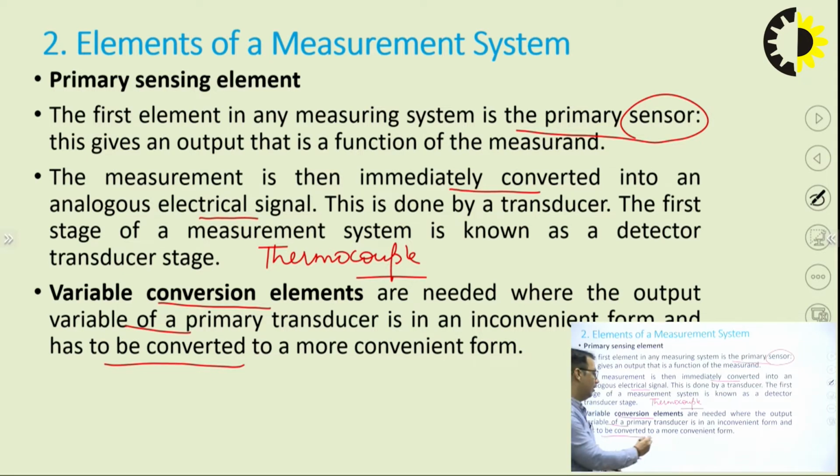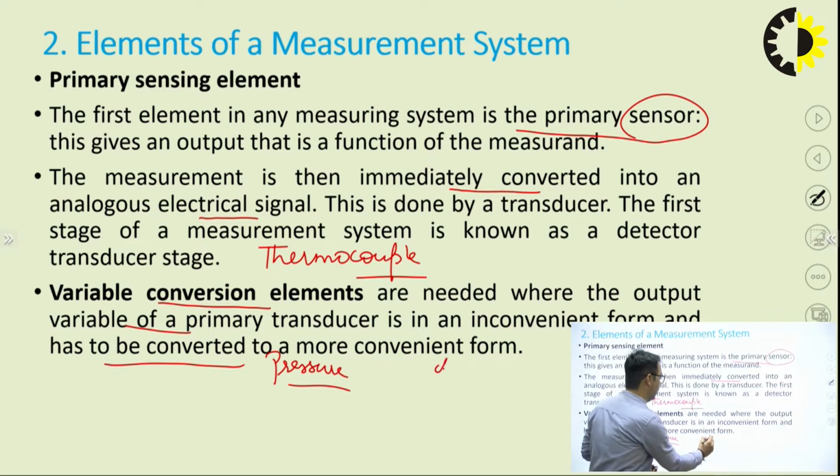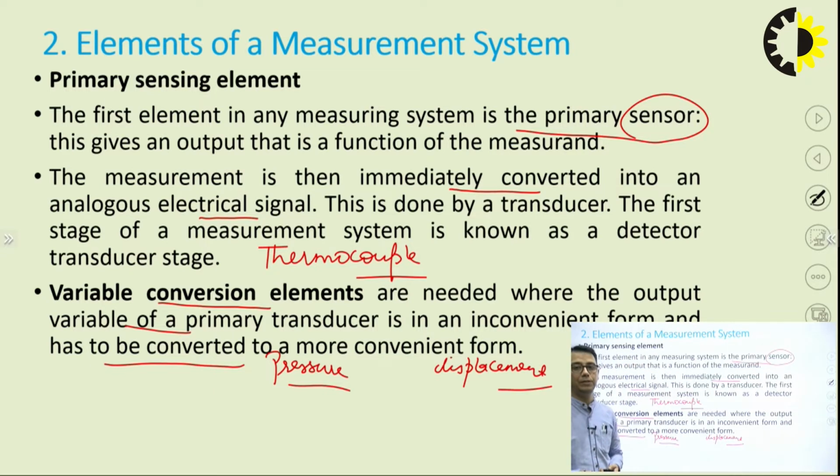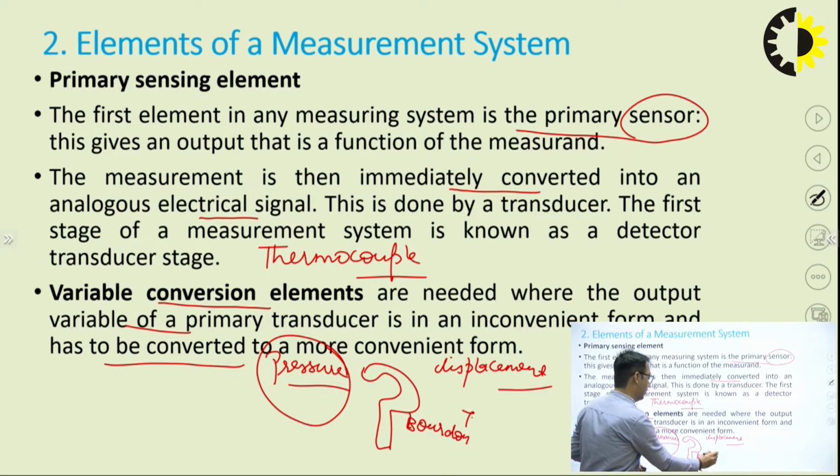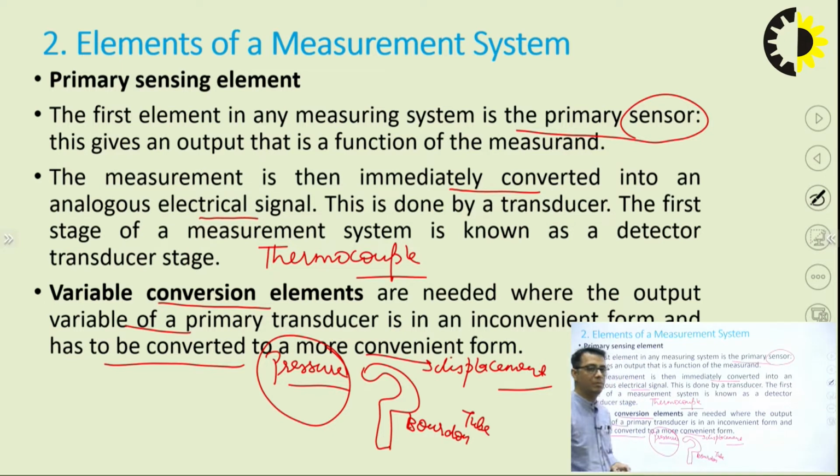Sometimes, if we want to measure pressure, but the sensor we are using can measure only displacement, and our quantity of interest is pressure, we can use a structure like a Bourdon tube, which converts that pressure into displacement and makes this conversion convenient for succeeding stages.